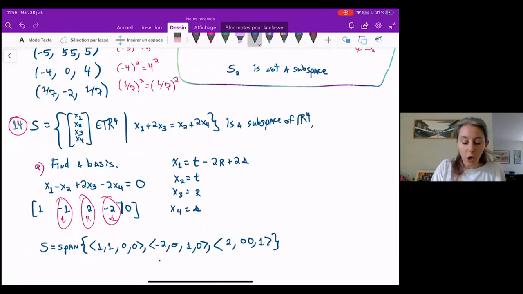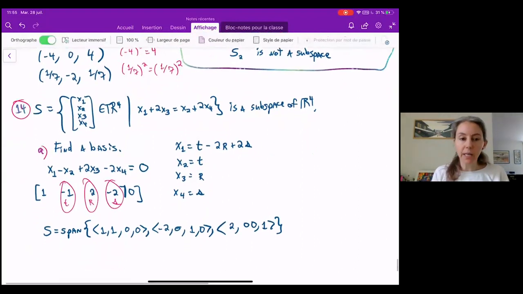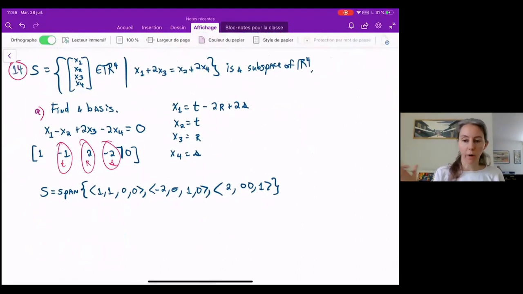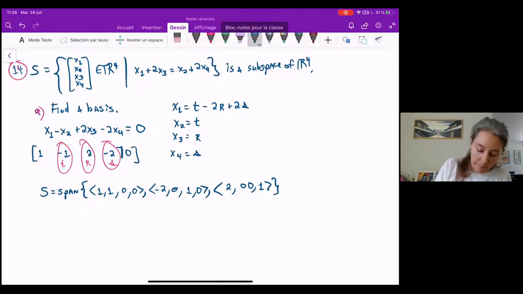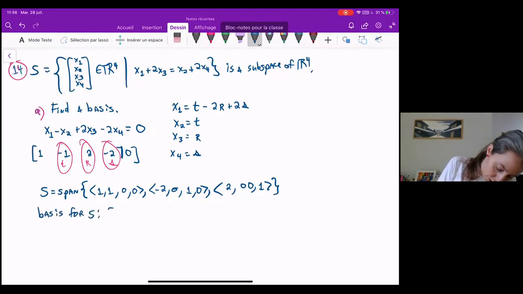That's not my basis though, because it has the word span in front of it. That's an infinite amount of vectors. They're linearly independent because I got them from row reduction, so I don't have to get rid of any useless vectors. My basis for S is just those 3 vectors.